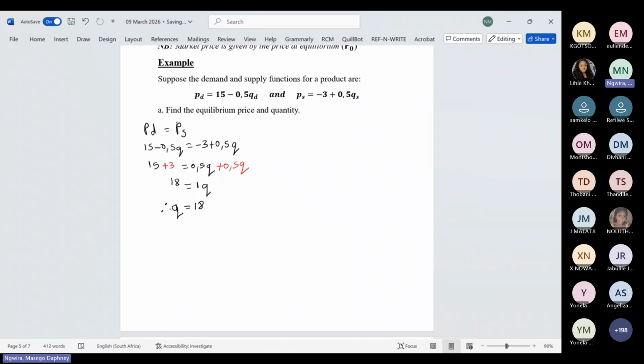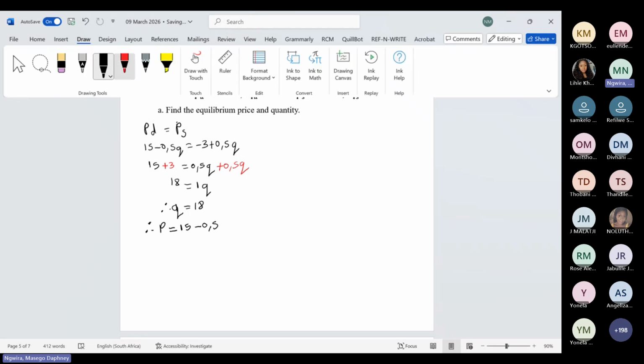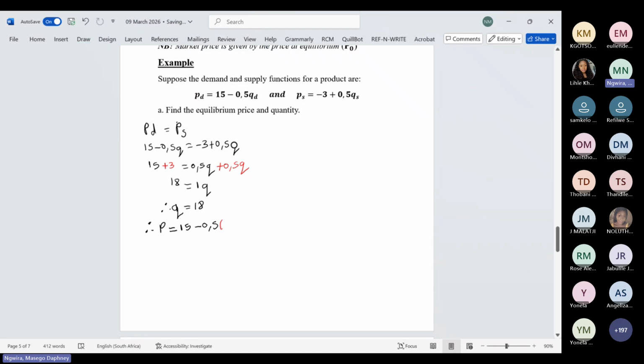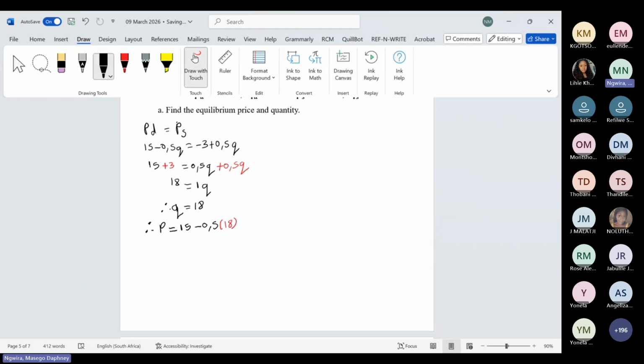Therefore, our price is going to be equal to, choose one function. I'm going to use the one of 15 minus 0.5Q. Wherever I see Q now, I put 18. My answer is going to be 6.